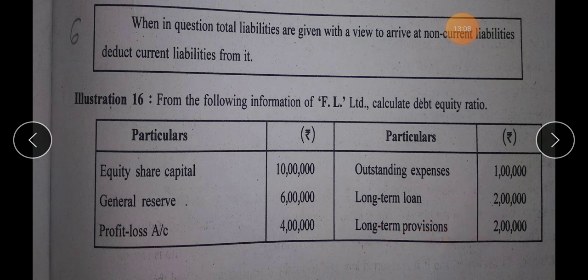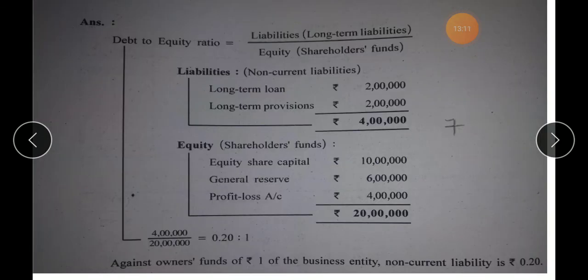You can see? So, long-term liabilities or non-current liabilities. Long-term loan 2 lakh, long-term provisions 2 lakh. So total non-current liabilities 4 lakh.